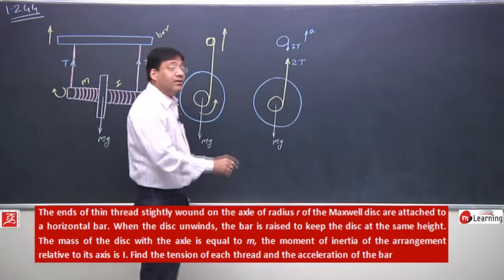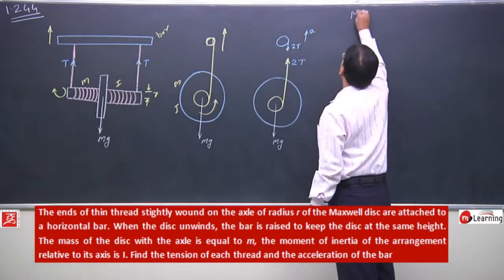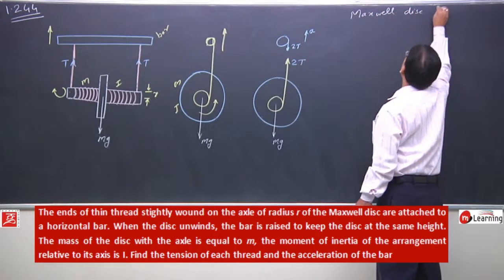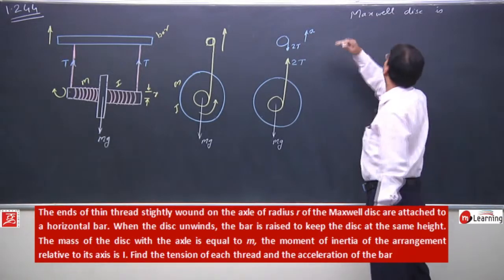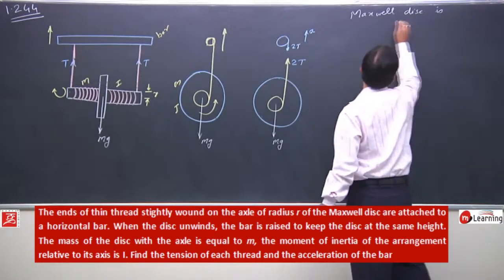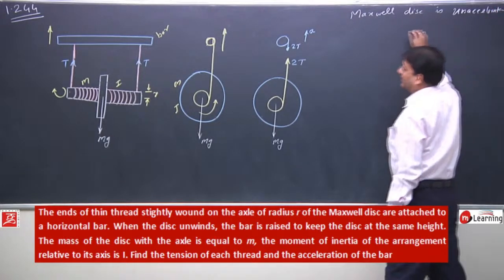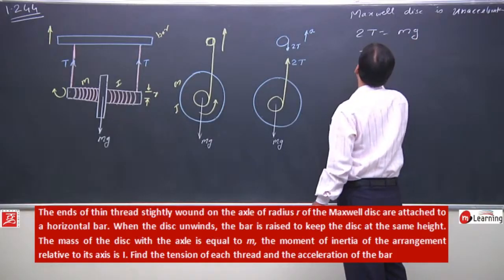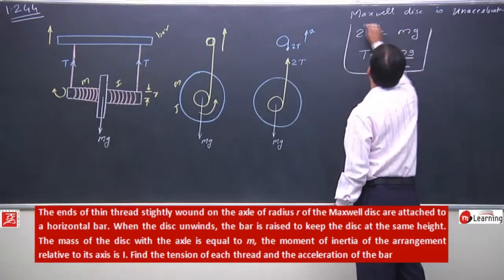And the Maxwell disk remains stationary. It neither descends nor elevates, it is unaccelerated. Unaccelerated means 2T must be equal to mg. It means T must be equal to mg by 2.